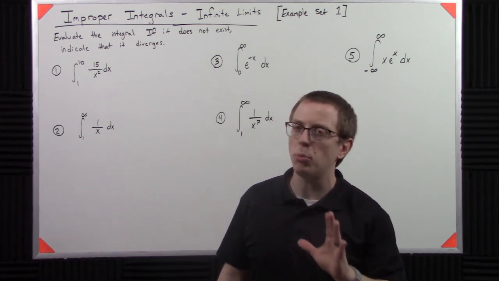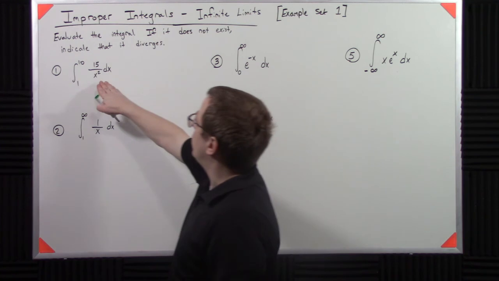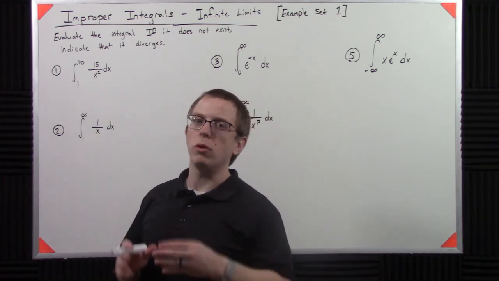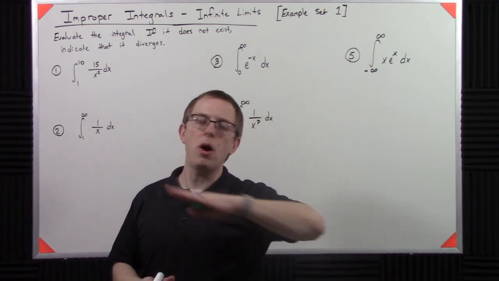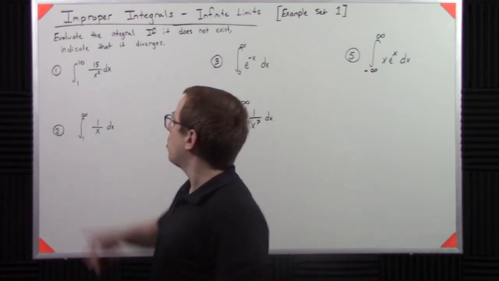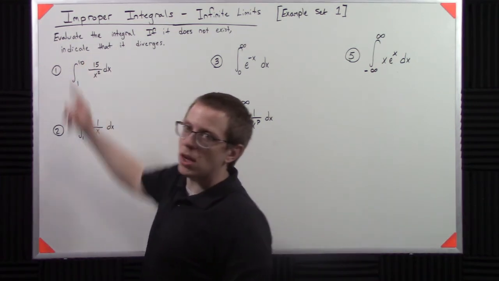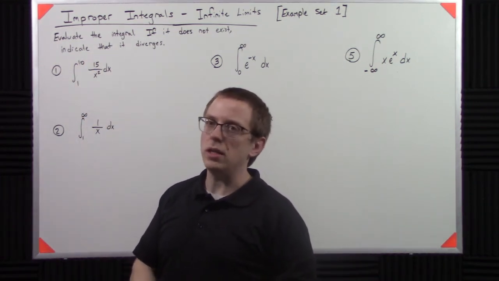And that's not appropriate. If you look at the graph of 1 over x squared, it's continuous for all positive numbers. So as long as there isn't a 0 and that's not an infinity, then it's not an improper integral.